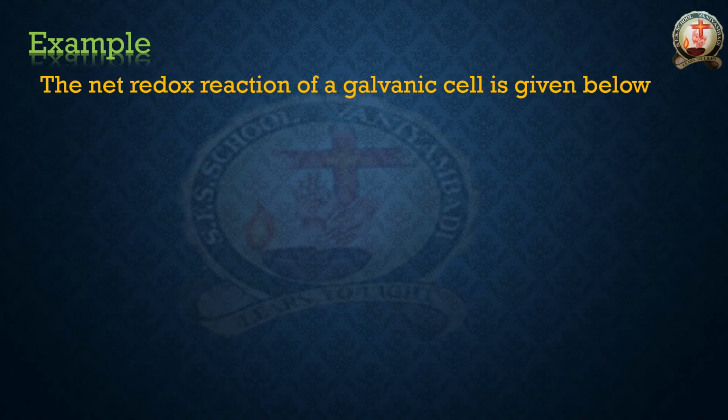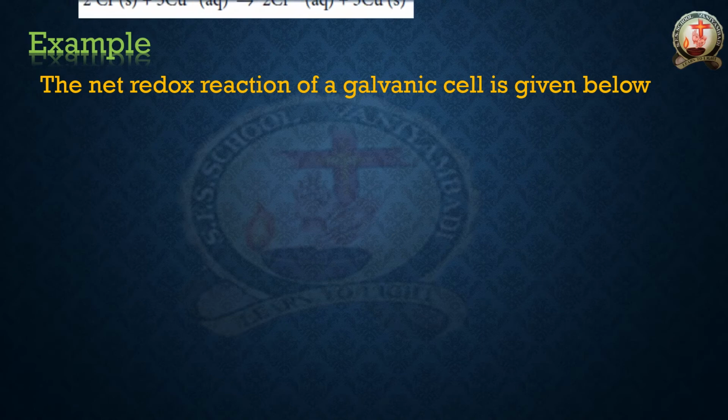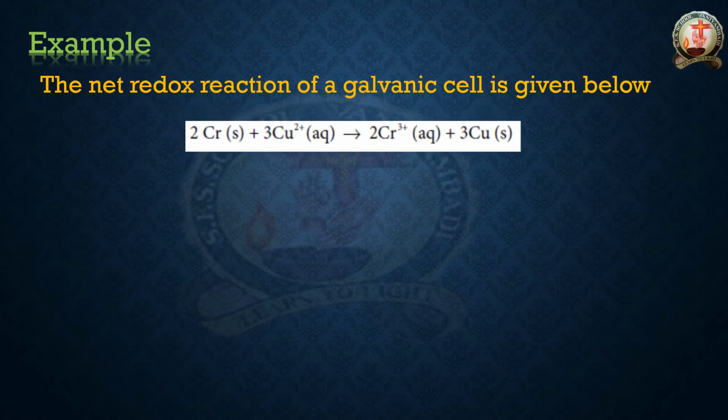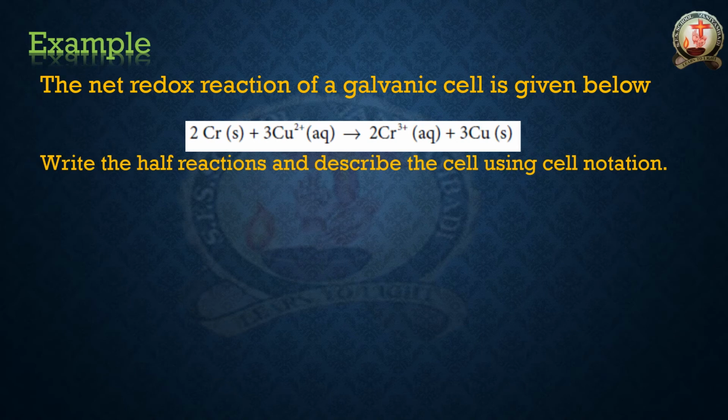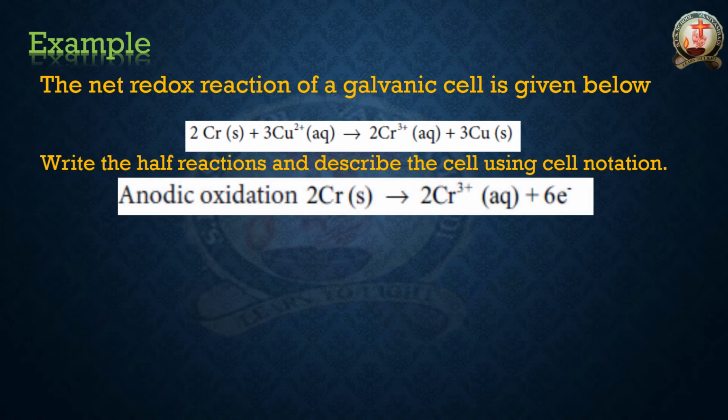So the net redox reaction of the galvanic cell is given below. We take one example: chromium metal in the presence of copper sulfate solution. The equation is mentioned here. So we write the cell and describe it using the cell notation. How are we going to write that? We take the anodic oxidation part, the extreme left.